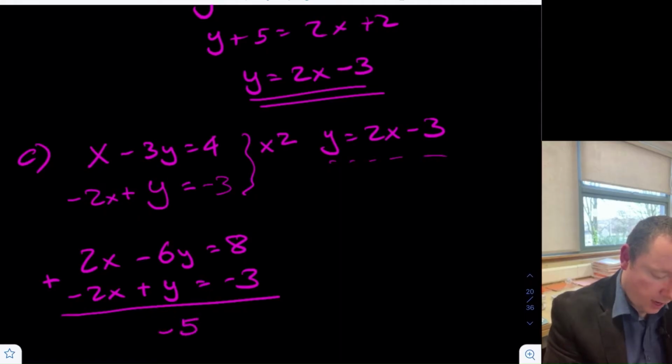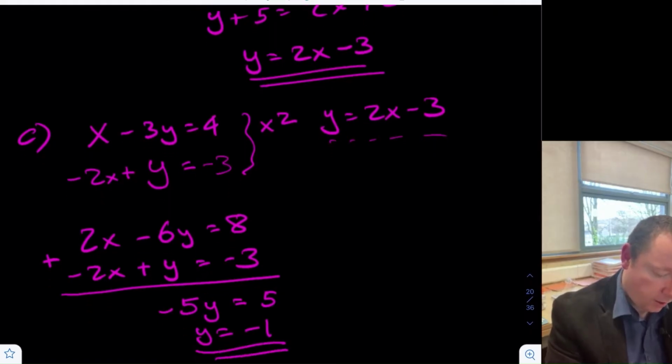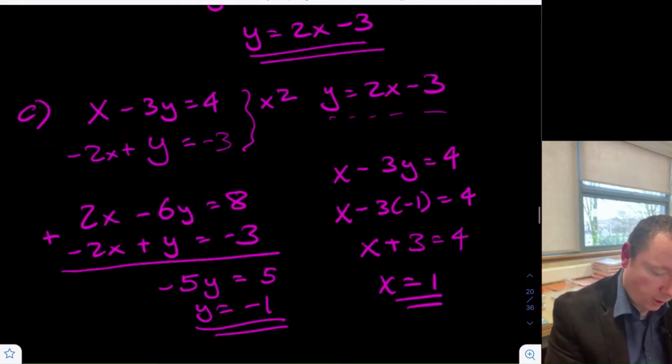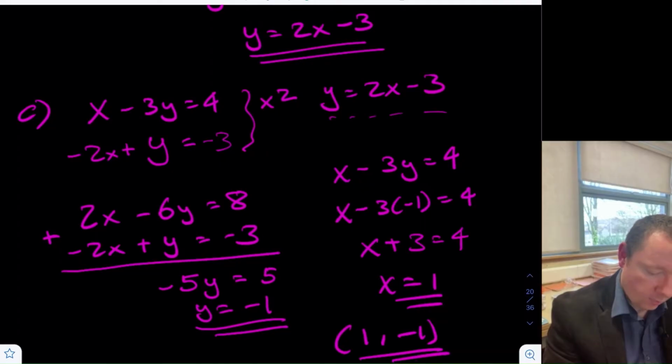So minus 5y equals 5. So y equals minus 1. There's our y coordinate, and then subbing it in. So we've got x minus 3y equals 4. So x minus 3 times minus 1 equals 4. x plus 3 equals 4, so x equals 1. So the point of intersection is just 1, minus 1, and we're done there.